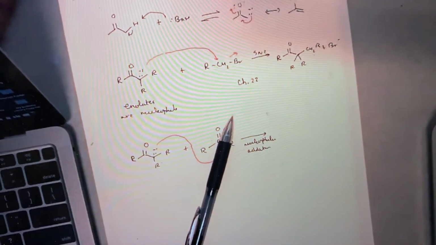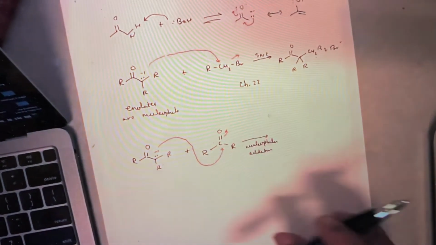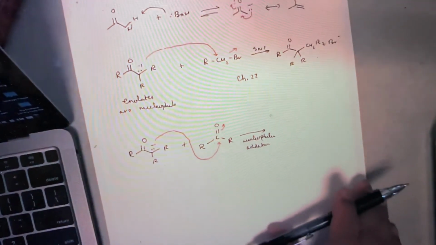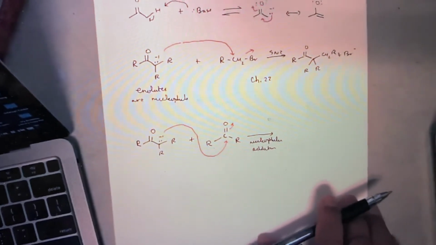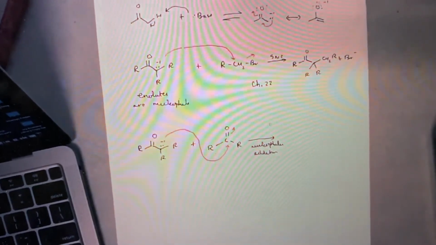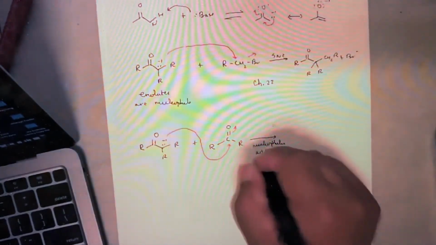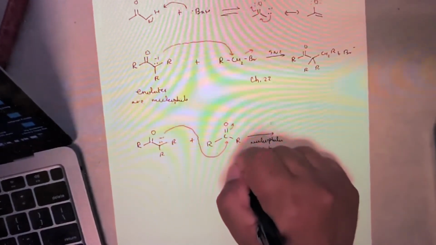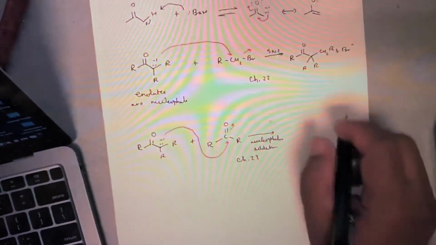And so all we're doing in chapter 23, in this chapter, is basically taking the enolate that we just spent time talking about and attacking it to a carbonyl. And one of the things you should have learned is that carbonyls react through nucleophilic addition and basically make the tetrahedral intermediate.